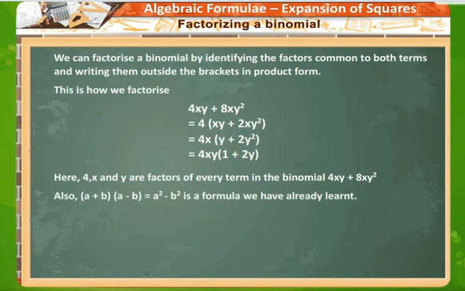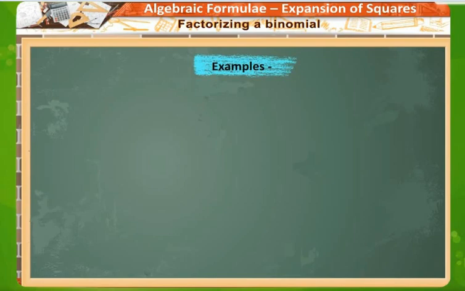We know that a plus b into a minus b is equal to a square minus b square. This formula has already been done. Hence we get the factors a plus b and a minus b. You have to keep these formulas in mind.